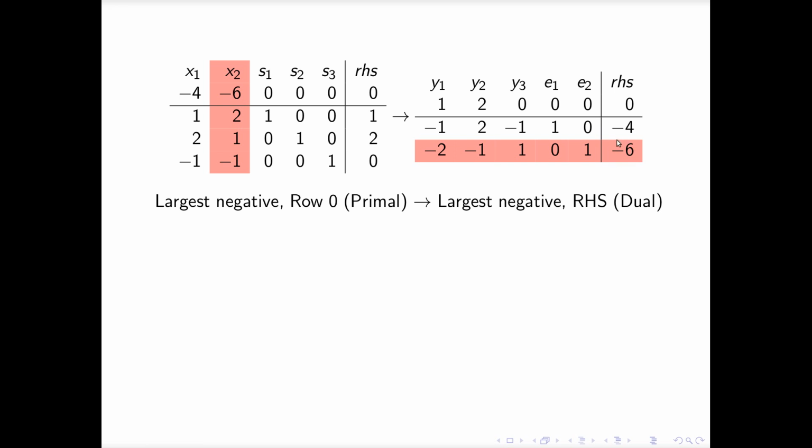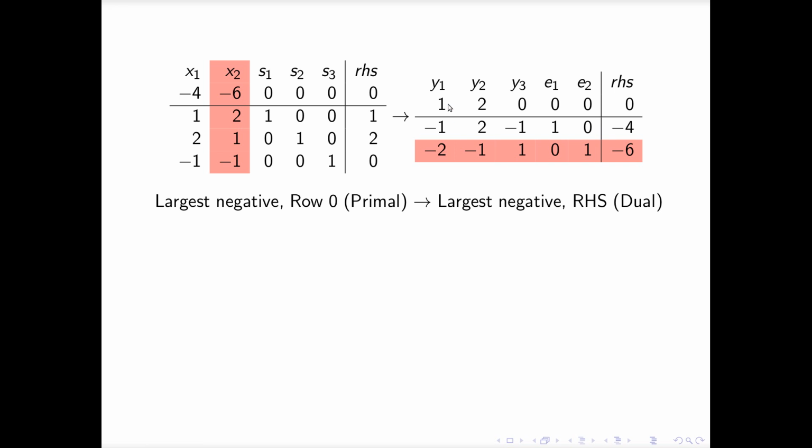Notice that we're going to be doing something similar to this row as we do to this column. So you're going to be looking at the negative values now instead of the positive. And then we'll do the ratio test between row 0 and this row, highlighted in red.